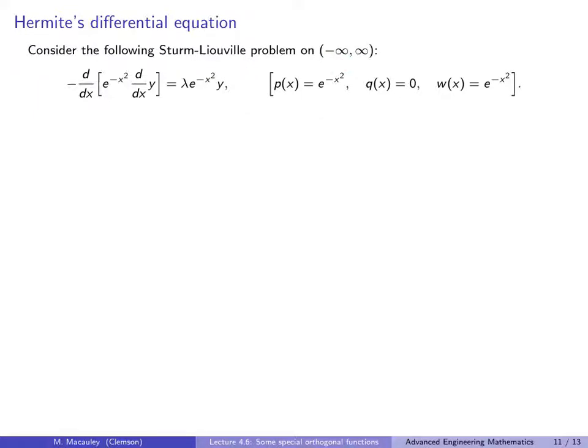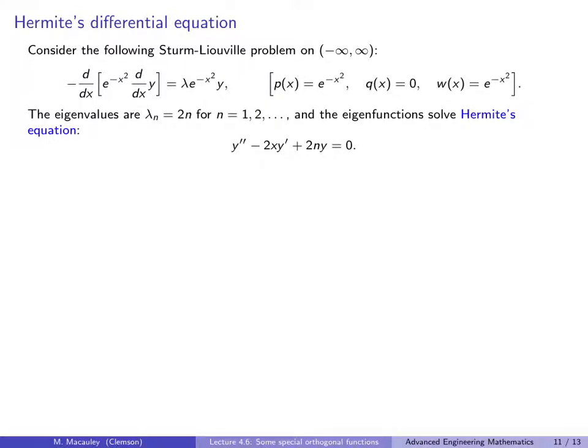So the ODE is negative d dx of the quantity e to the negative x squared times dy dx equals lambda e to the negative x squared y. So here, p of x is e to the negative x squared, q of x once again is 0, and the weighting function w of x is e to the minus x squared.